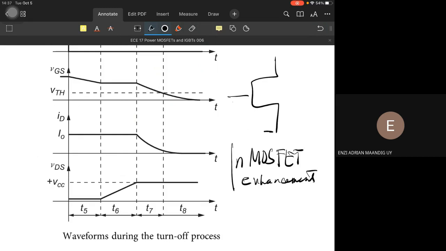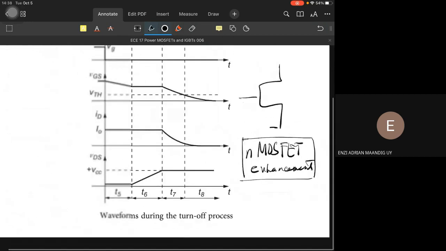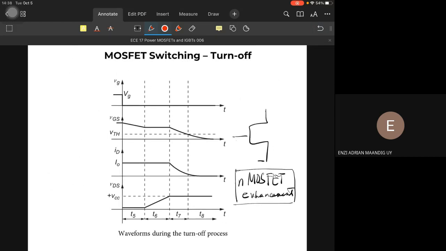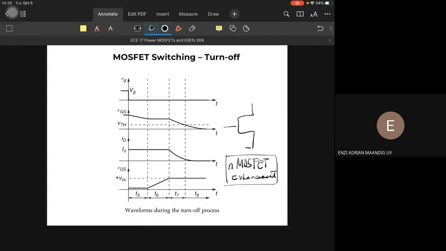Pinaka-convenient o pinaka-ideal nga transistor. Moning nga klase nga MOSFET ang pwede lang nato ma-model as mag-logic na 1-1 or 0-0. So, kaning operation, coupled with the fact na kinanglan nato o MOSFET nga gamay og transition time, no? So kana lang alone is enough for us to understand MOSFETs.